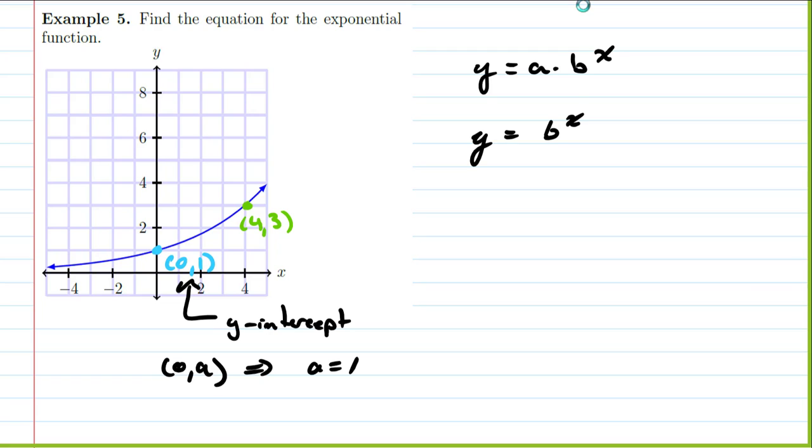So now we can just solve for our unknown point. So we have 3 is equal to b to the 4th power. So we take the 4th root of both sides. So the 4th root of 3 is equal to b. So then y equals the 4th root of 3 raised to the x.